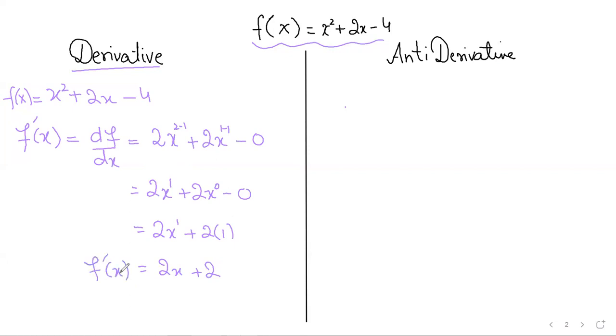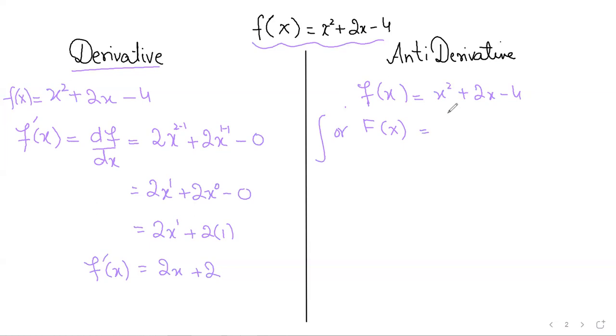Now let's see, with the same question, what happens if I take the integral or the antiderivative. This is my function, f of x equals x square plus 2x minus 4. Now I'm taking the antiderivative of this one. I can write it either like this, or with the integral sign. It's up to me; I prefer this form because the given equation is in function form.